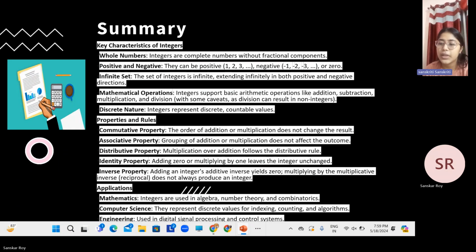And then applications of mathematics. Integers are used in algebra, theoretical and combinatorial work. In computer science, we can use them in discrete values like indexing, counting, etc. In engineering, they are used in digital design and processing control systems.